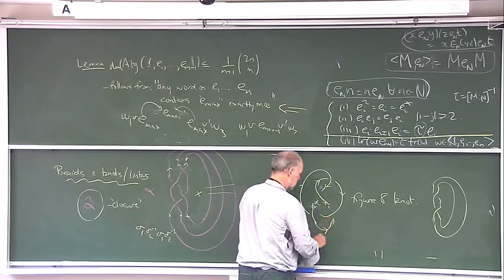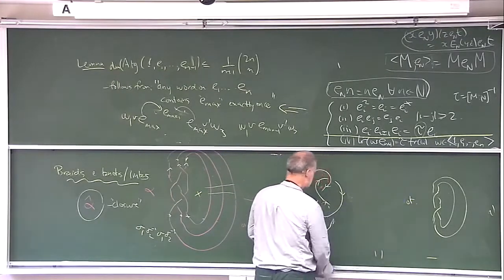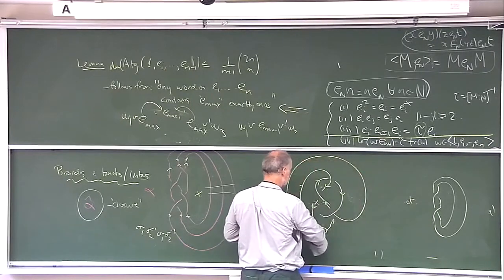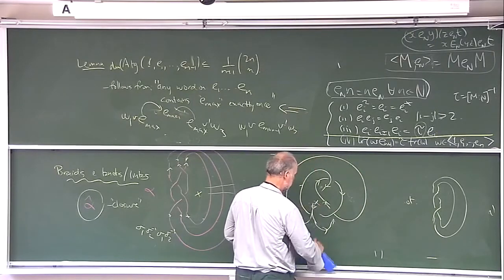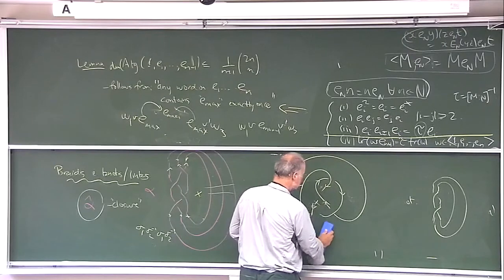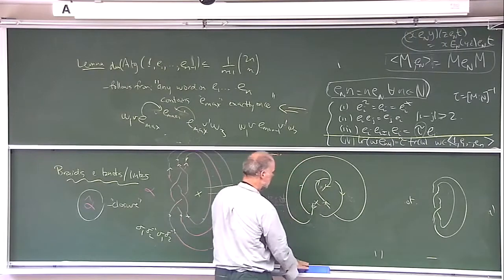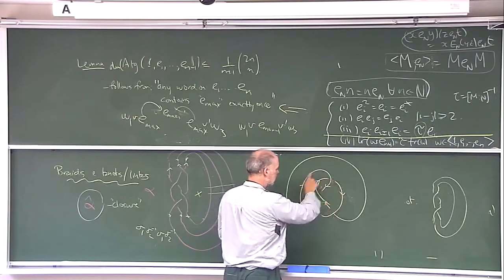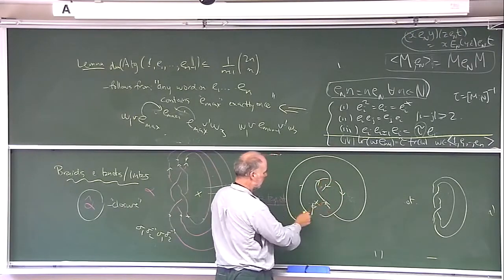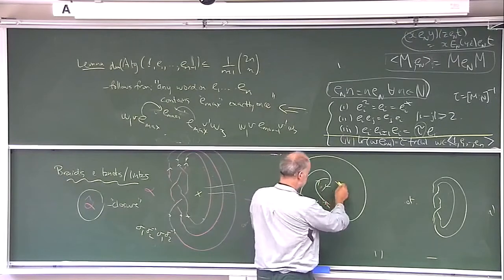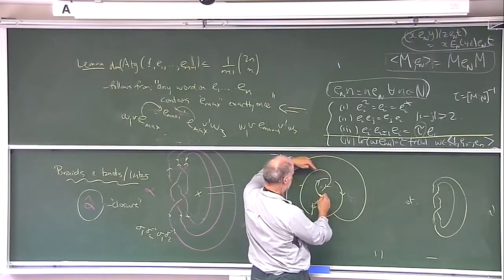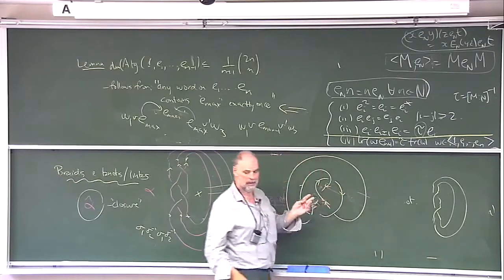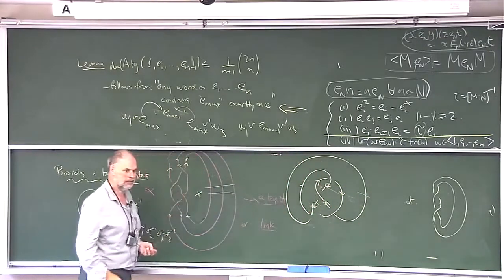So we fix this up, taking this part of the string and making that go around there. Now you'll see the string is going around the right way all the time. So you can read off the braid by taking some of it here and making that the back of the braid, and you get a version somewhat like this.